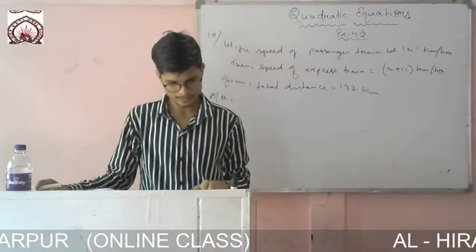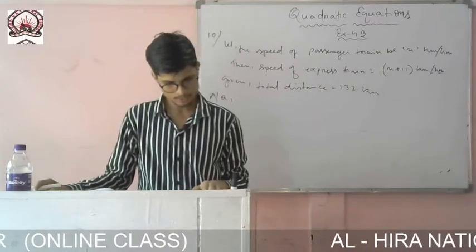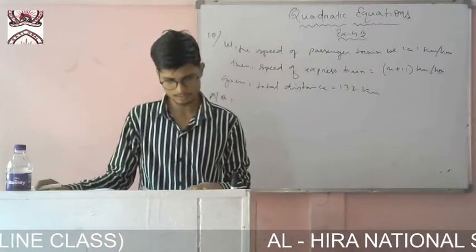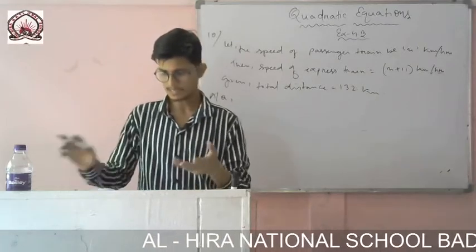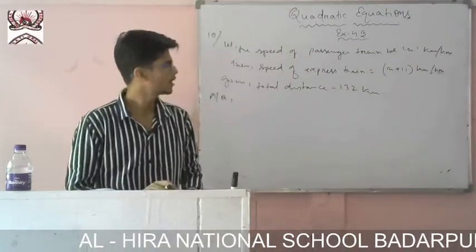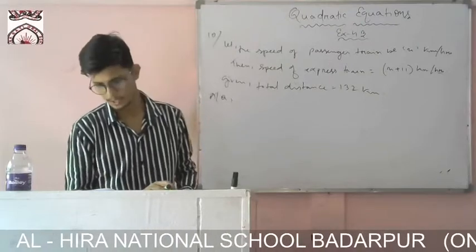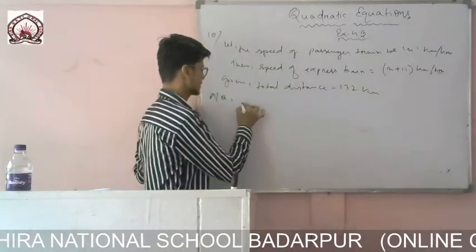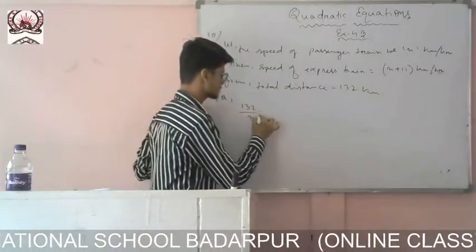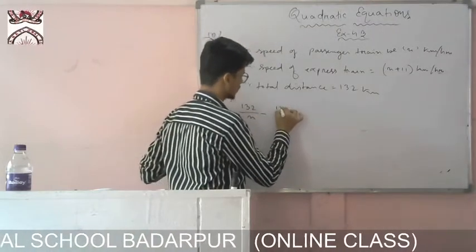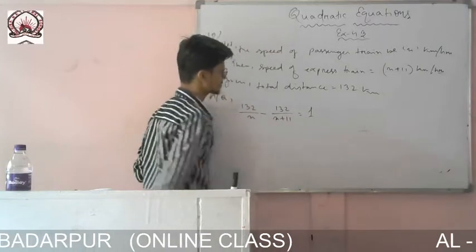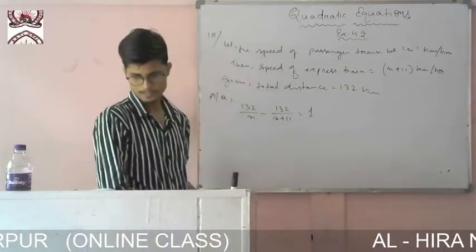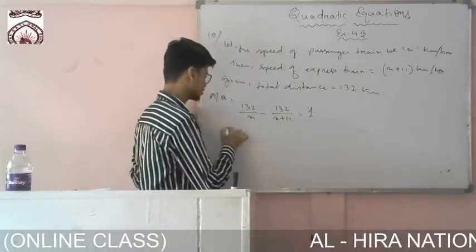It is given that the express train takes 1 hour less than the passenger train to travel 132 kilometer. So that is the difference between them, 1 hour. So time will be distance by speed, 132 by x minus 132 by x plus 11, which will be equal to 1 hour.